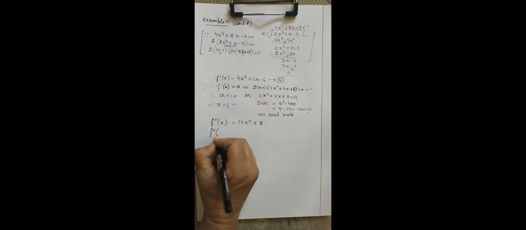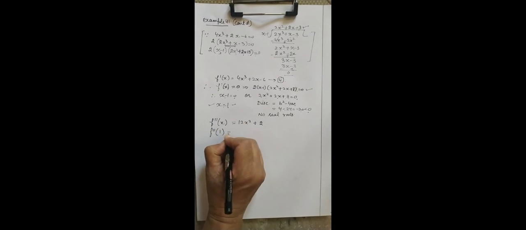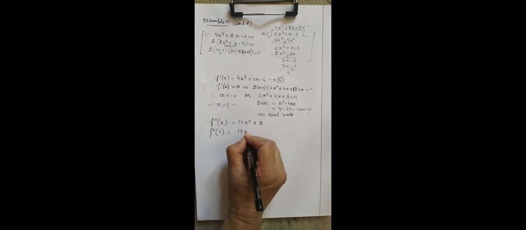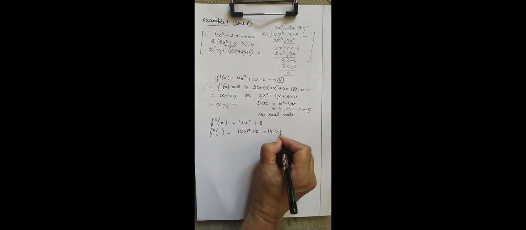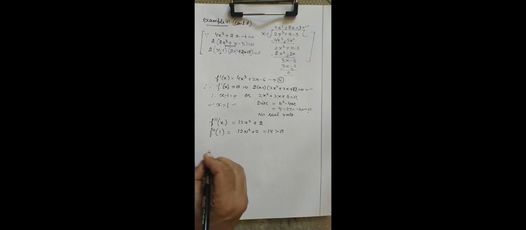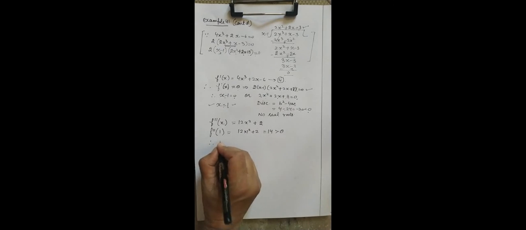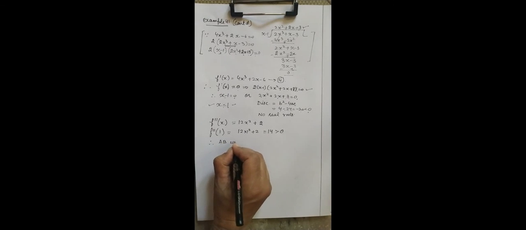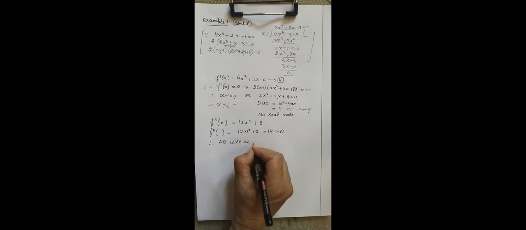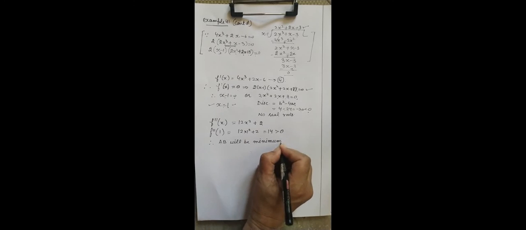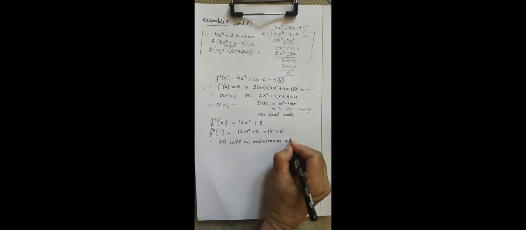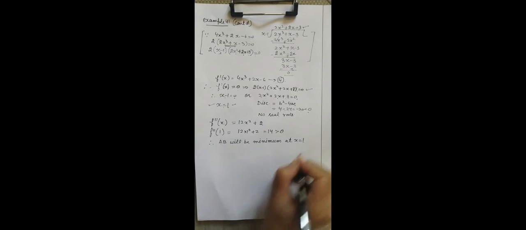Now finding the double derivative at x is equal to 1, it will be 12 into 1 square plus 2, which is 14, which is greater than 0. So therefore my distance AB will be minimum. And you remember what we wanted to do? We wanted to find the shortest distance, which will be minimum at x is equal to 1.